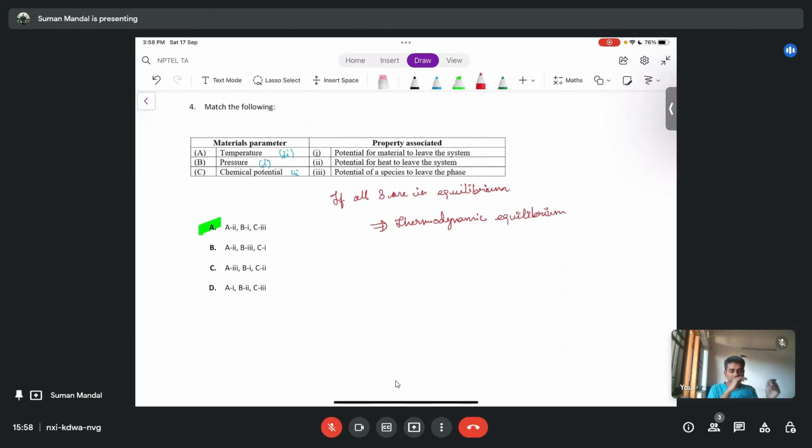If there is no exchange of heat, no exchange of matter, and no movement of atoms or species between phases, then the system is in thermodynamic equilibrium. If even one of them is not in equilibrium, then the system is not in thermodynamic equilibrium.